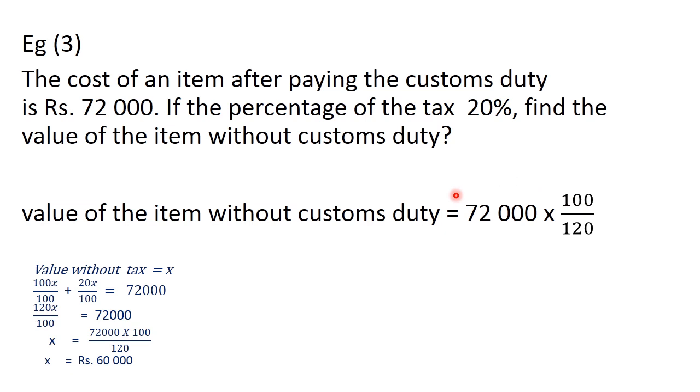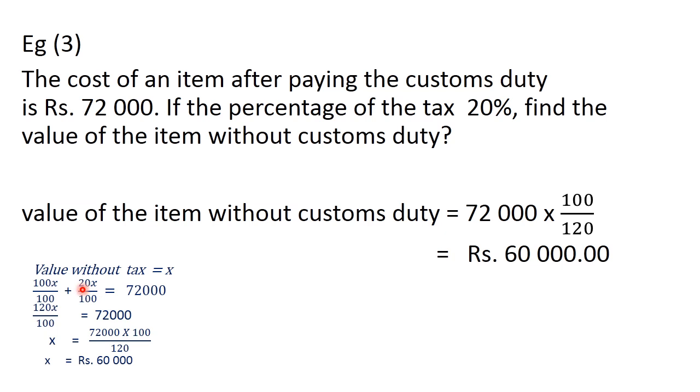Here we have 120 parts, that means the price of the item and 20 parts of the tax. Then it should be divided by 120, so 1 over 120 can be found. Then multiply by 100, that's 100 over 100. The answer is 60,000 rupees.